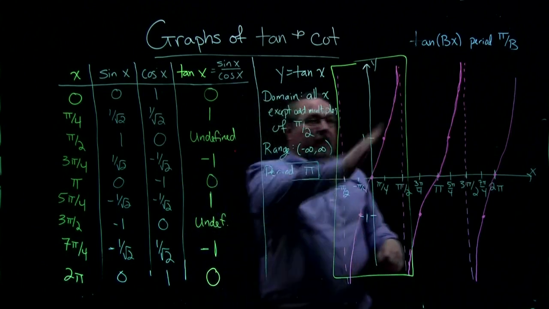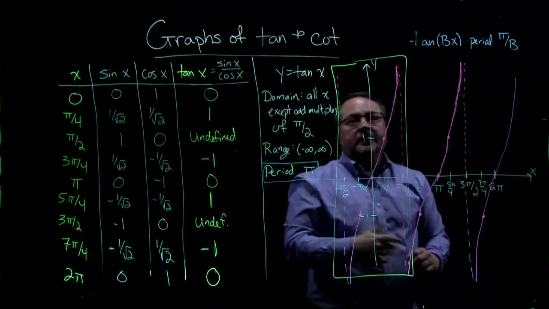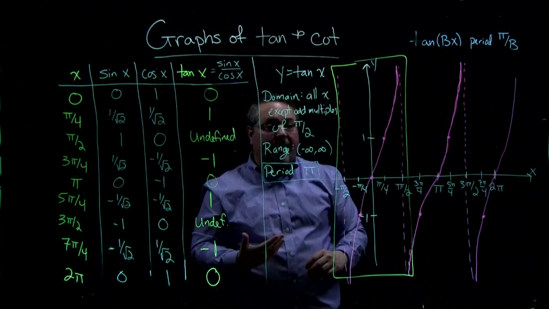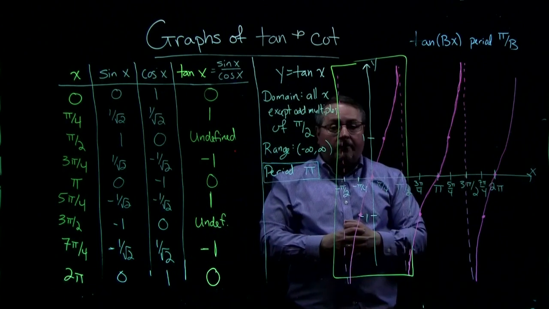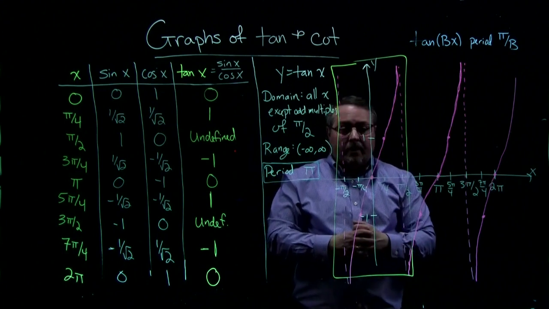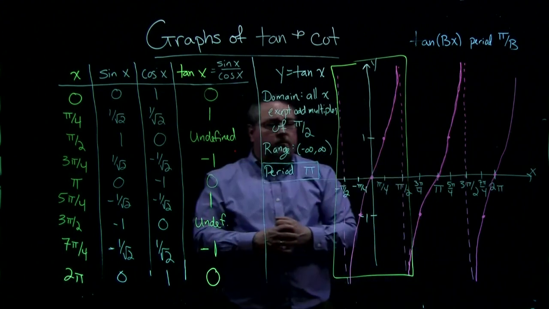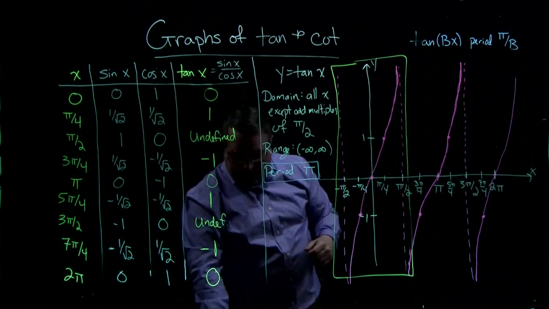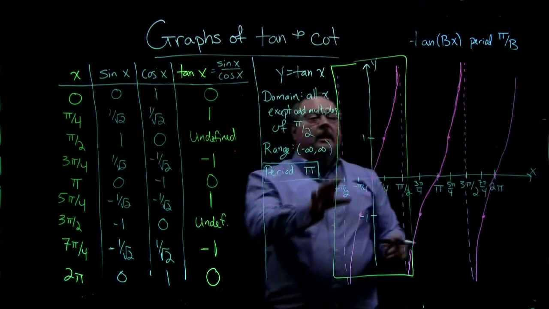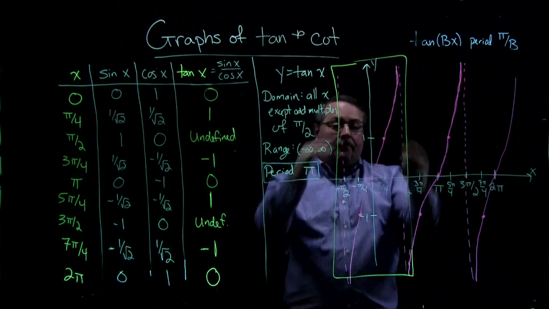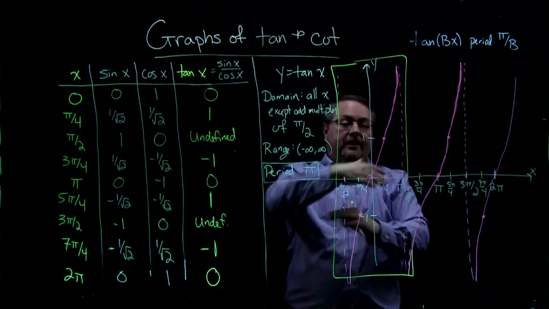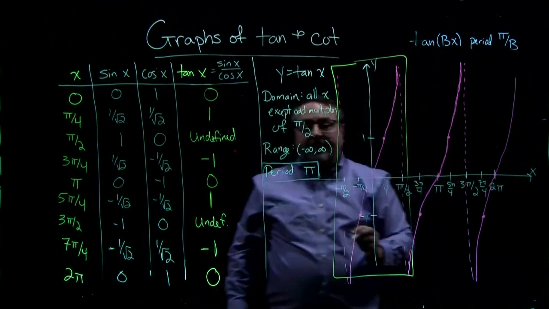Okay, note that when the graph exists, it's always increasing, so we don't have any relative mins or maxes. Again, in contrast to the sine and cosine graph. And one other thing we want to notice is that this tangent graph is odd. If we were to take this and flip it upside down, rotate it 180 degrees, the graph would look exactly the same.